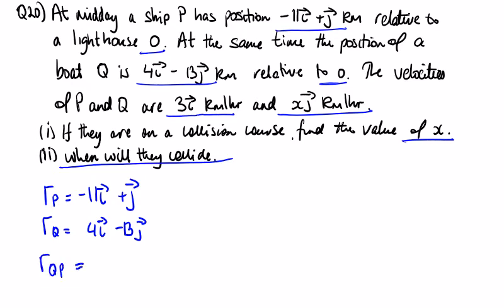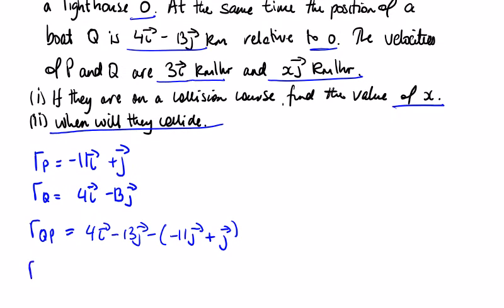The relative position of Q relative to P, the displacement of Q relative to P, is 4i minus 13j minus minus 11i plus j. So 4 plus 11 gives me 15i, and minus 13 minus 1 is minus 14j.